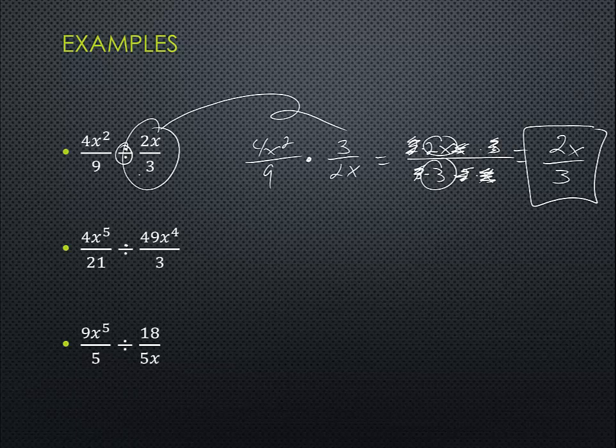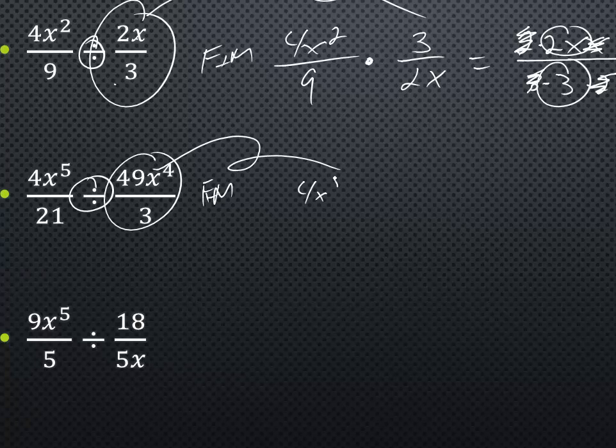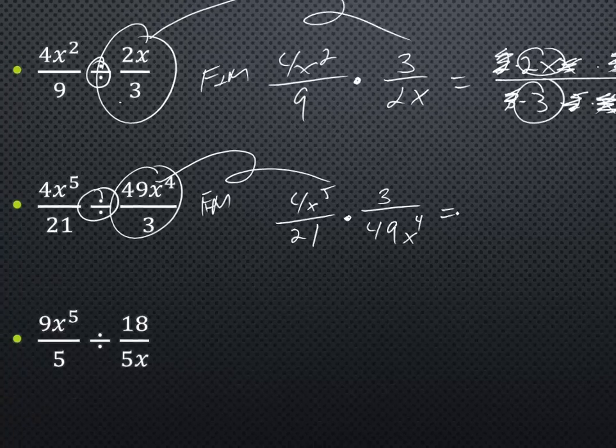Next, let's go ahead and do this one. Flip and multiply. So f and m, f and m. Okay. So we're going to have 4x to the 5 over 21 times 3 over 49x to the 4. Now, we're going to go ahead and simplify and cancel.